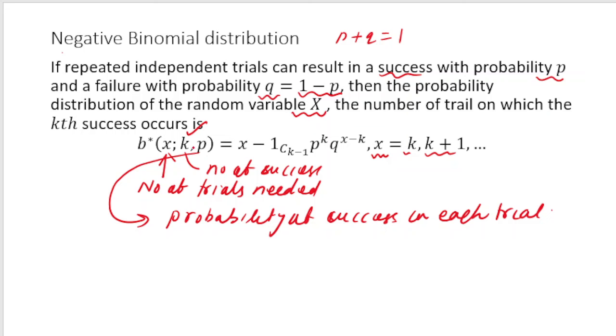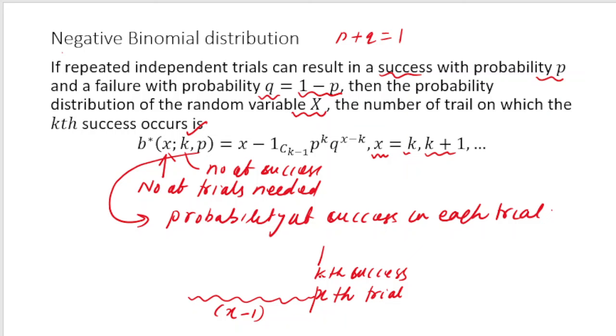See, we want the kth success, and the kth success is happening in the xth trial. So suppose we are getting the kth success here. It means that before that, I have performed x minus 1 trials.